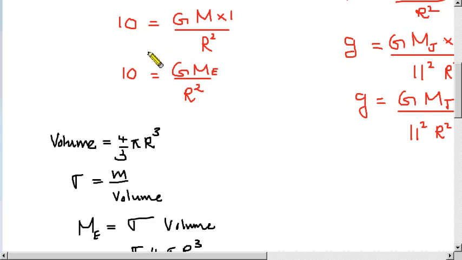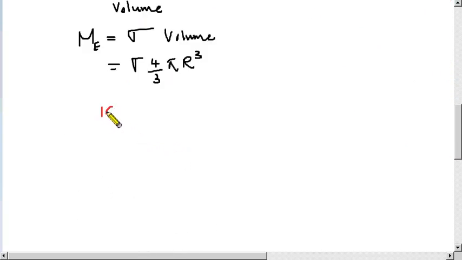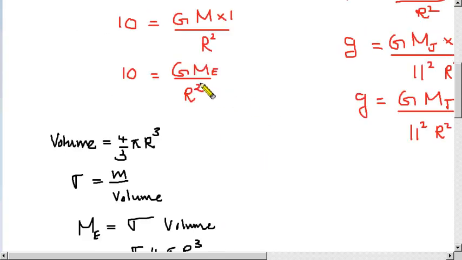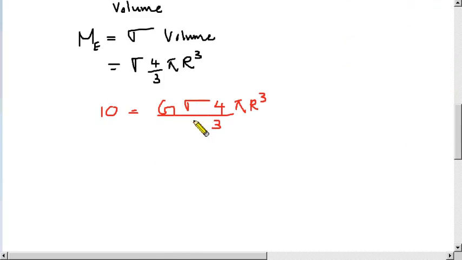So we have to now apply it to this equation. 10 equals G m earth, which means sigma times 4 divided by 3 pi r cubed, then divided by r squared.